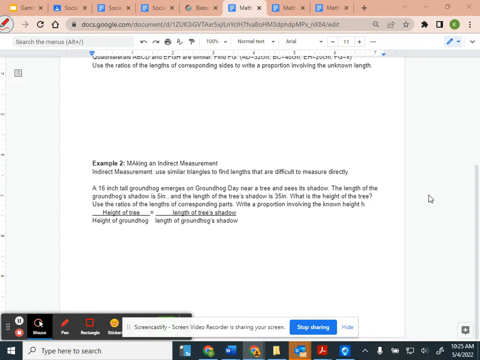So I have my little groundhog. His shadow is 5 inches, and the groundhog is 16 inches tall.